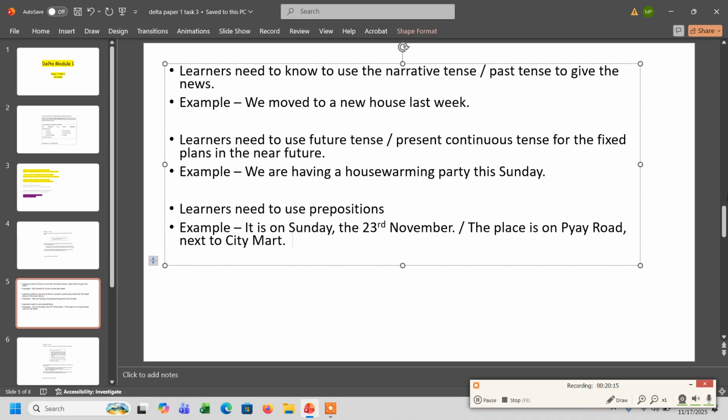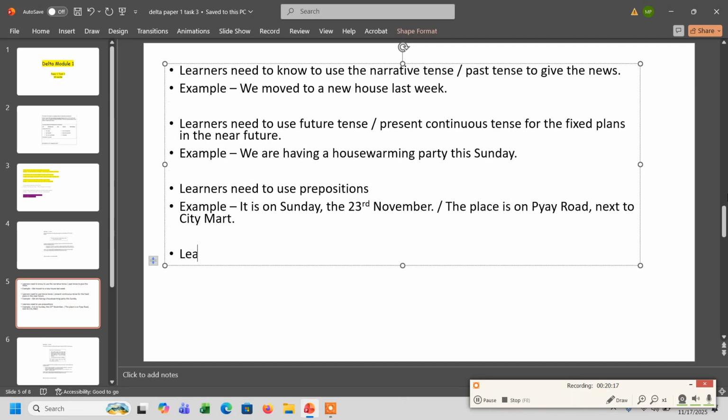If you want to add one more for the brainstorming, learners need to use conjunctions, right, to make the letter coherent.